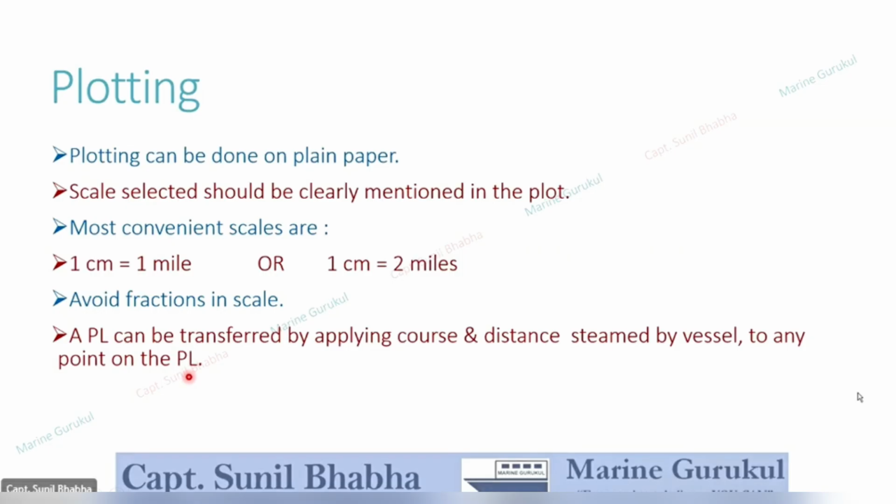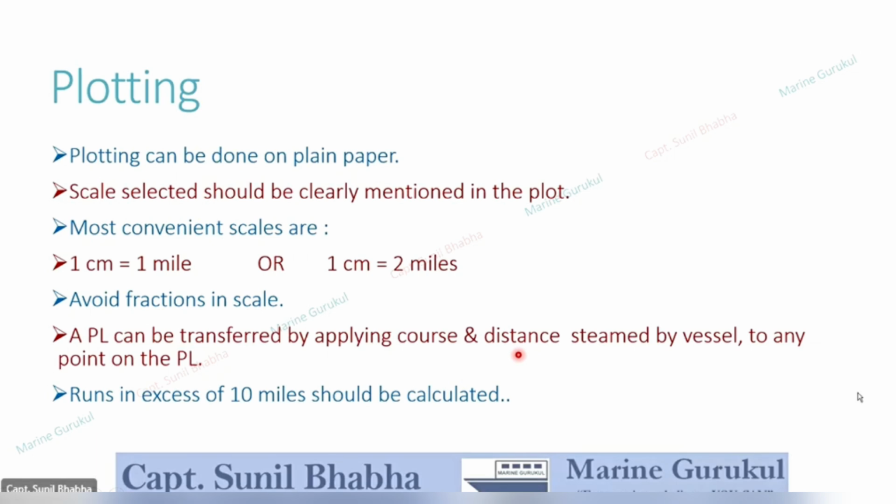You reach a new point and you draw a line parallel to the initial PL, and the PL is transferred. The second method is using calculation. In calculation, we pick up any point on the initial PL, apply plane and parallel sailing to it, and find out the position arrived at after a certain course and distance has been applied to it. So this is the calculation method. We can calculate the new point or the new reference position from where the transferred PL will be passing.